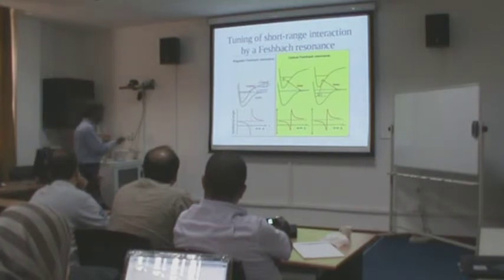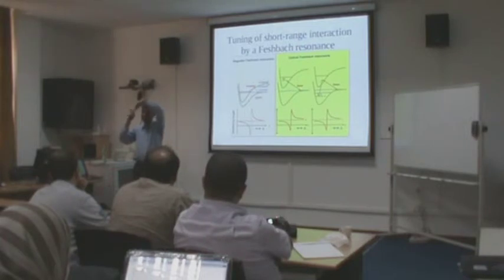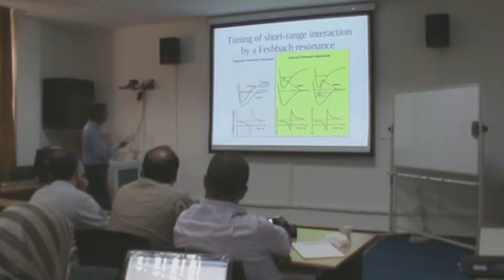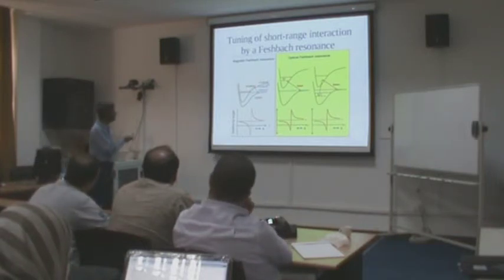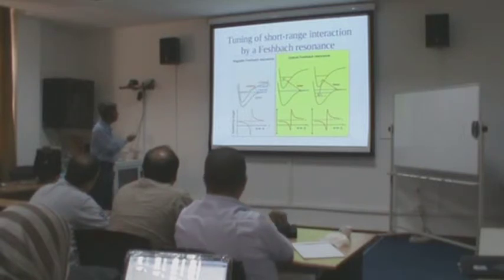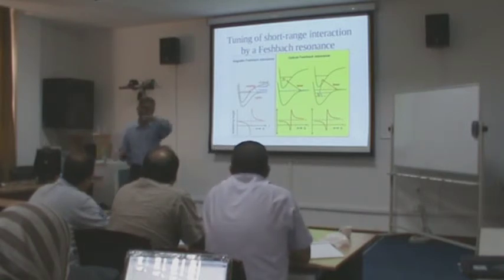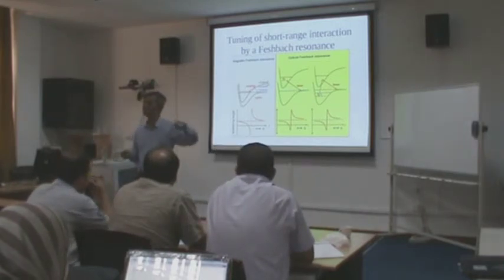But the closed channel, which I told you has antiparallel spin and they attract and form a bound state, the magnetic energy of one electron will cancel the magnetic energy of the other electron, so it will not change any magnetic energy. So you can give a shift in the total energy of the open channel. So it can go to the bound state pole, or go up. So you can move on both sides of the pole.